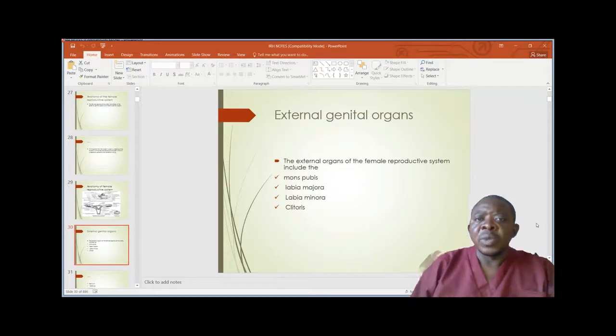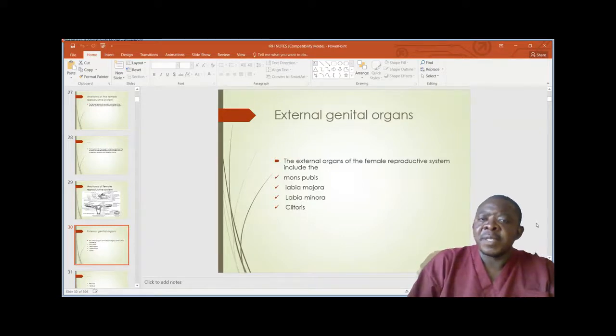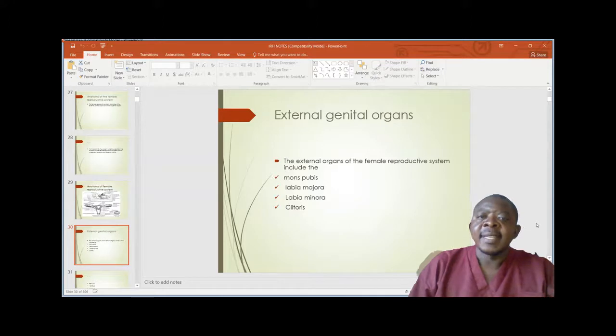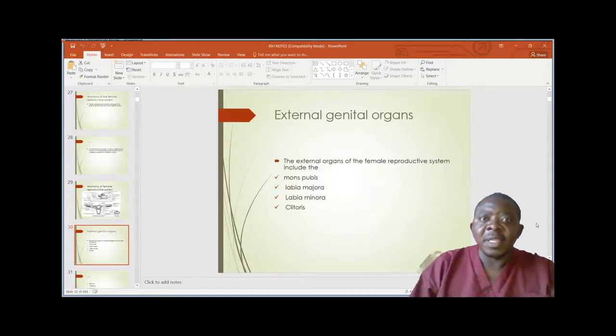Okay, so when you talk of external genital organs, we have the external organs of the female reproductive system. We have the mons pubis, the labia majora, the labia minora, and the clitoris. So these are the external organs of the female reproductive system.